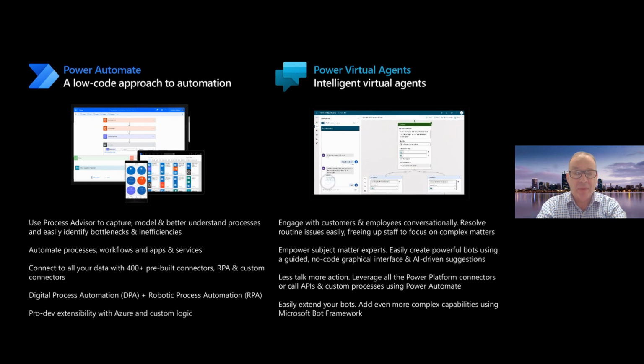Now, if you're not familiar with that terminology, those of you old enough, like me, might remember we used to have macro recorders in Windows and Excel and things like that. This is like a macro recorder on steroids, in that you can basically record yourself performing actions on desktop apps, on cloud-based apps, and it's a way of simulating a user using that application.